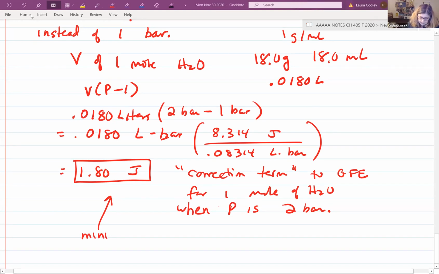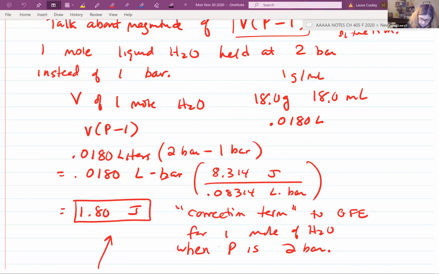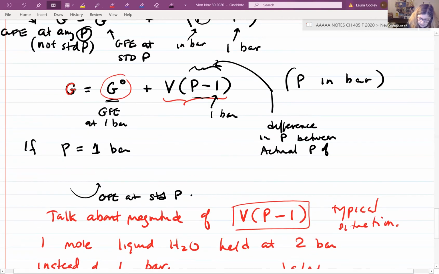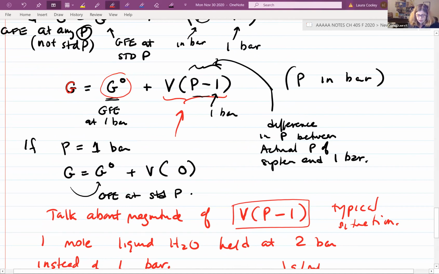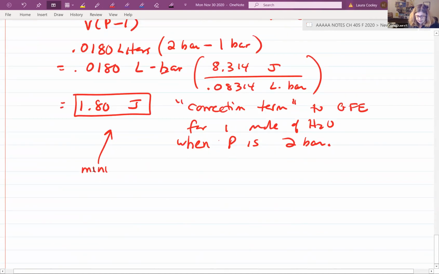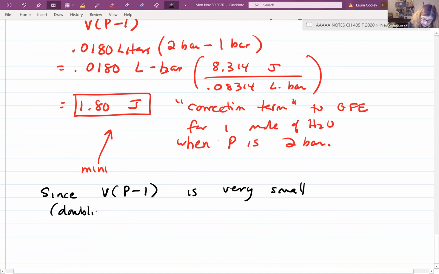So that means that since this is very small, that G is just about equal to the standard Gibbs free energy for solids and liquids. So we like that. That's nice and easy. Since V times P minus 1 is very small, a doubling of the pressure to 2 bar led to a 1.80 joule difference.